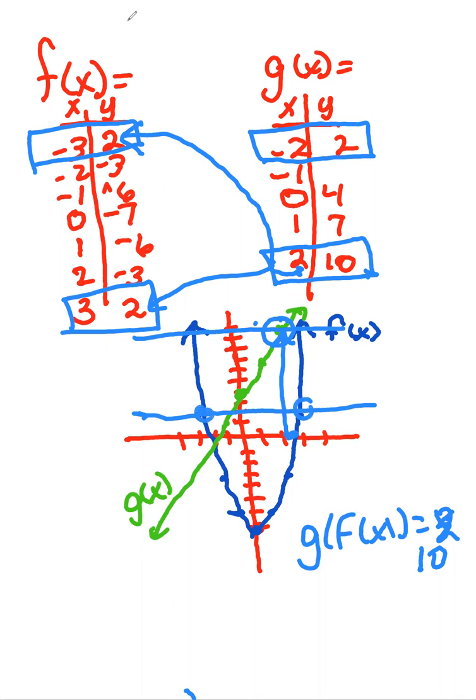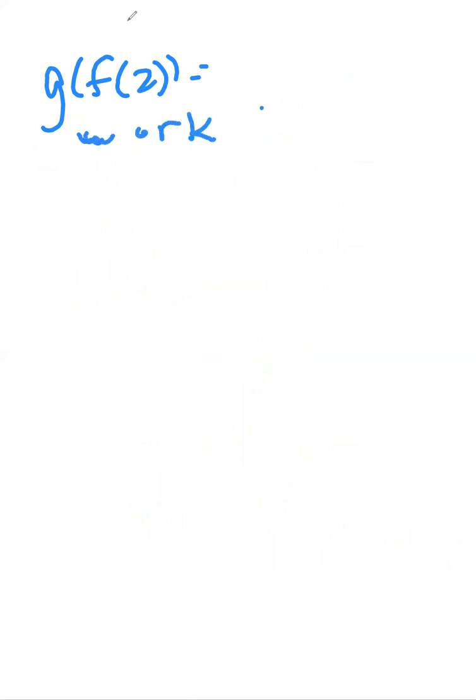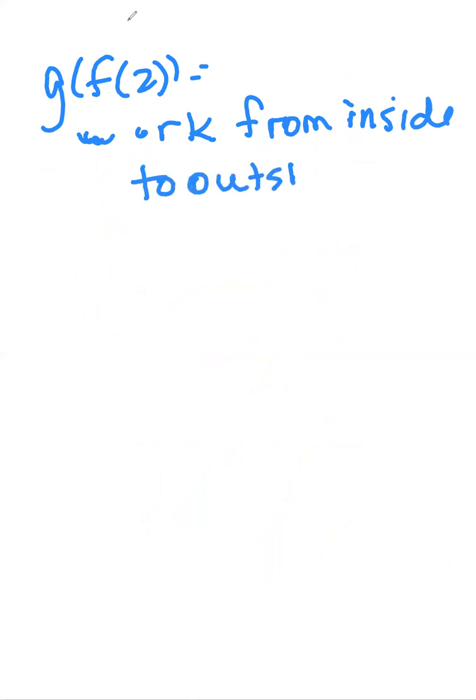So remember that if you have g of f of 2 and you're going to work the problem, you're going to work from the inside to the outside, which would mean f of 2 equals something.